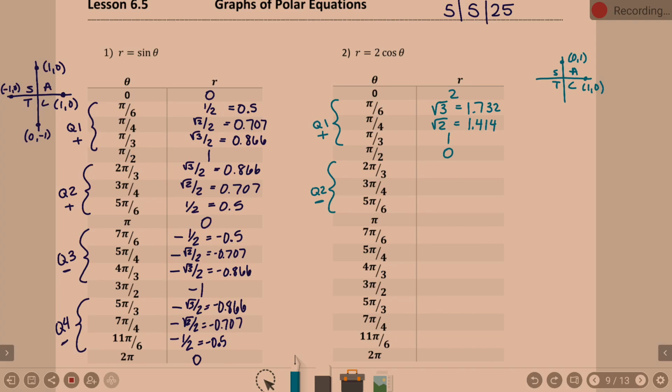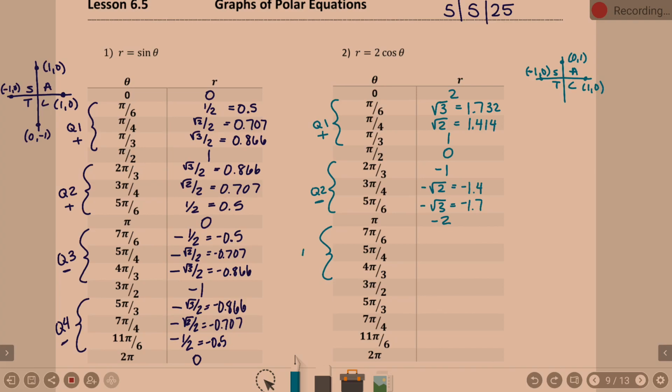Again, there's one on the back where you have to add 1. Well, that just changes things altogether. So 2 pi over 3 is going to be the same answer as pi over 3 except negative. 3 pi over 4, same answer as pi over 4 except negative. 5 pi over 6, same answer as pi over 6 except negative. What about 2 cosine pi? Negative 1 times 2 is going to make it negative 2.